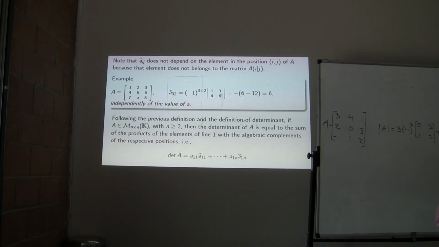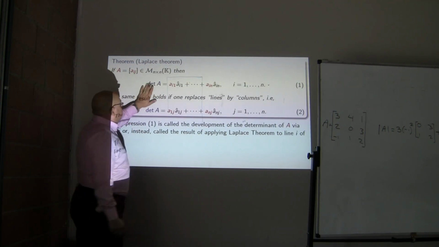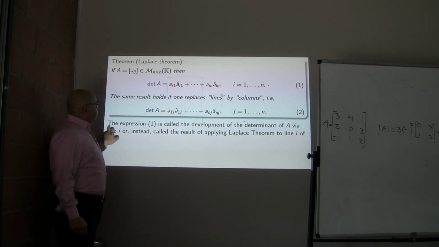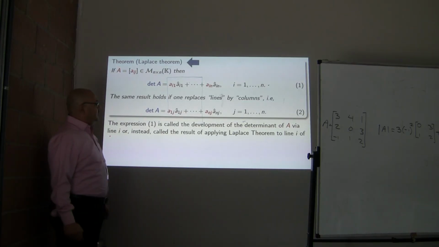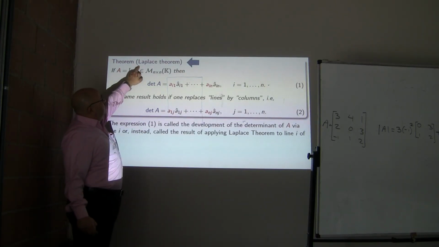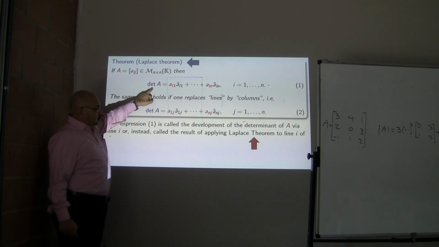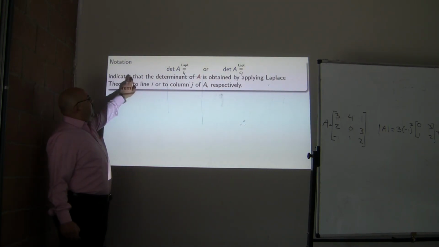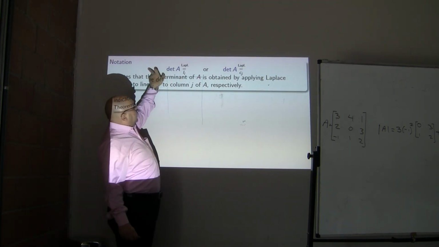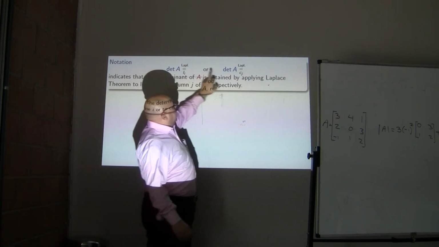Okay, continue. Here's how to evaluate. We know already the determinant of A. The expression is called the development of the determinant of A, and it is called the Laplace theorem. This theorem that we used previously is called the Laplace theorem on a line, on a row. I can apply the Laplace theorem on a certain row, or apply it on a certain column.